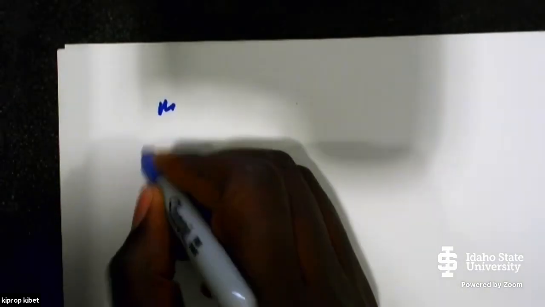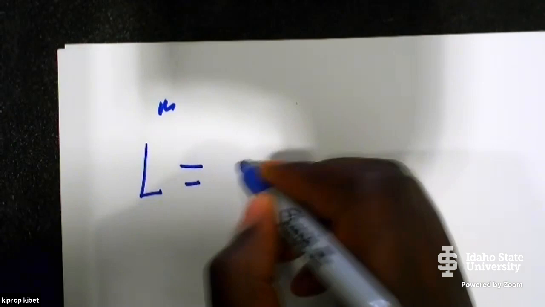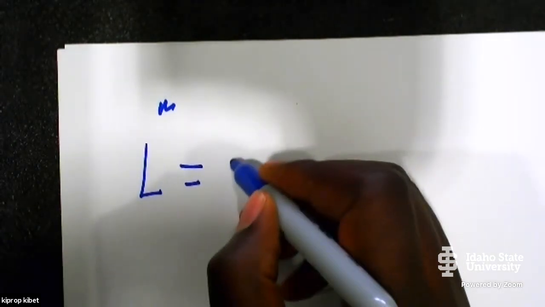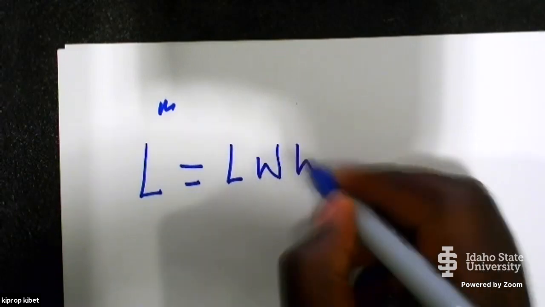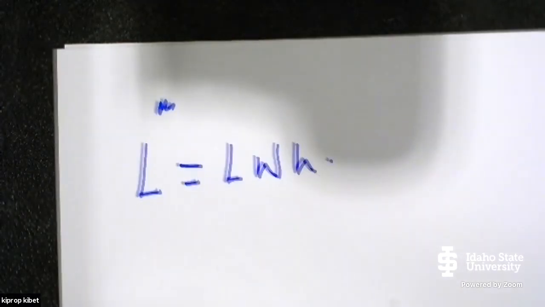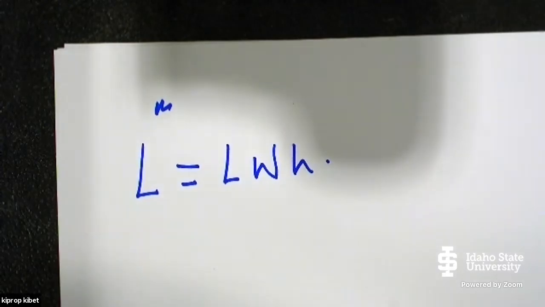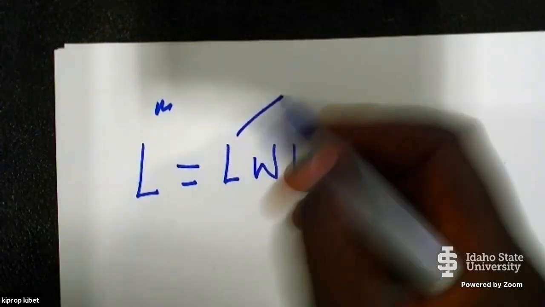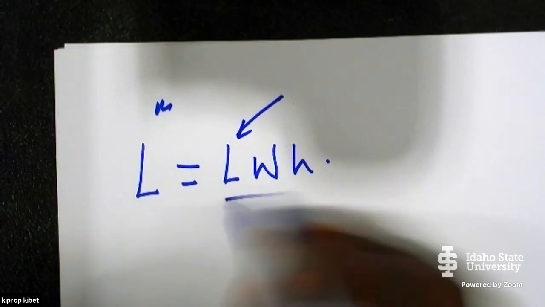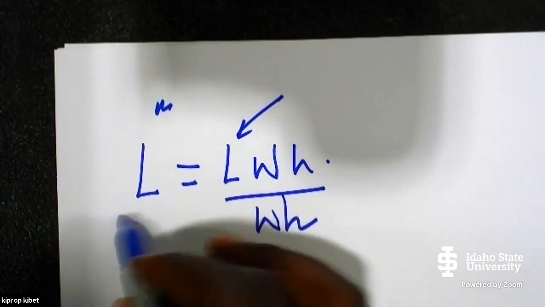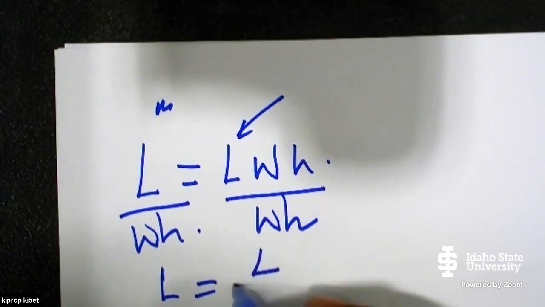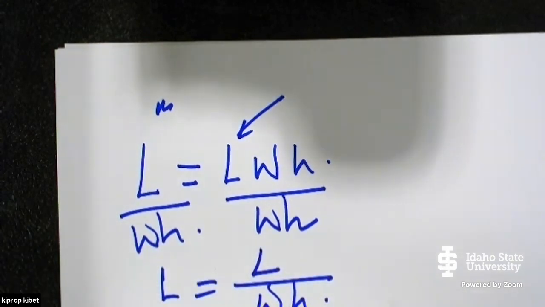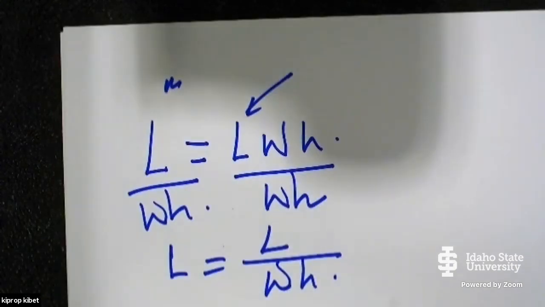So we said if you have something like V equals maybe length times width times height, then you're able to make either one of them the subject, by dividing by the others, and then you say L equals volume over width times height. Okay? I think we did not have a lot of issues with that.